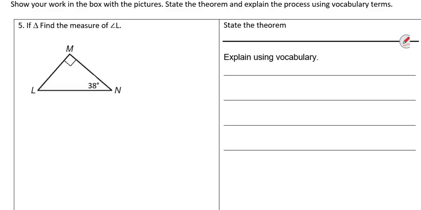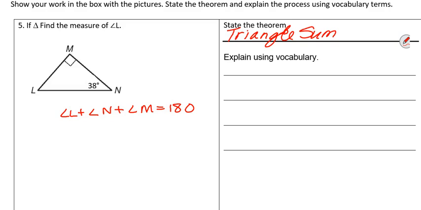So for number 5, it says if you have a triangle, then find the measure of angle L. So here, there's a couple ways you could have done this. First of all, this would have been the triangle sum theorem. Be good if I could write triangle sum theorem, okay? So we could have said that angle L plus angle N plus angle M equals 180.